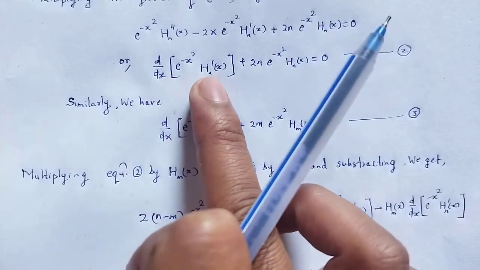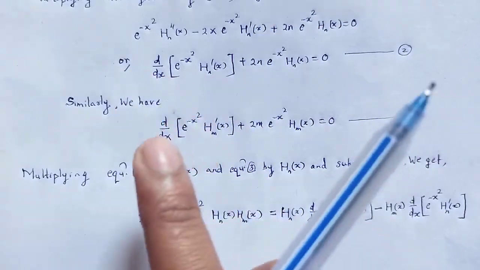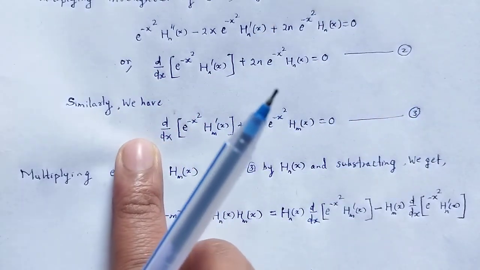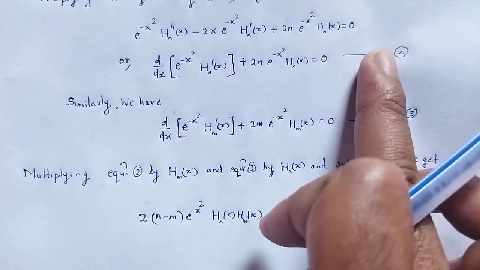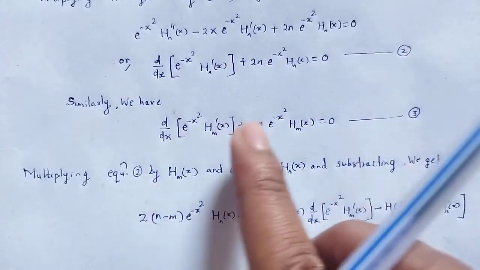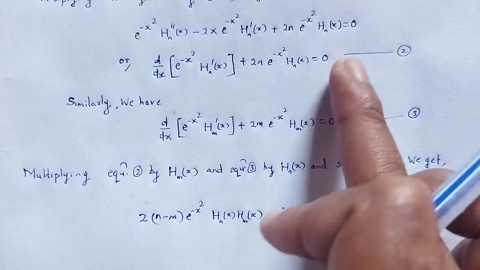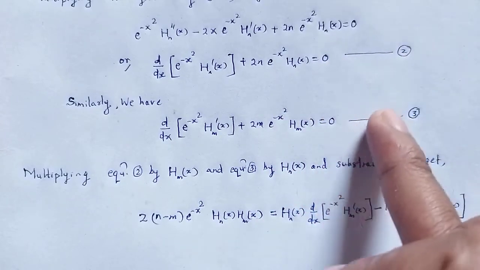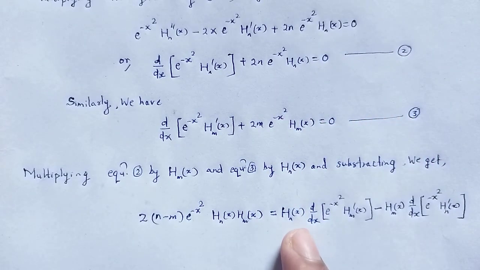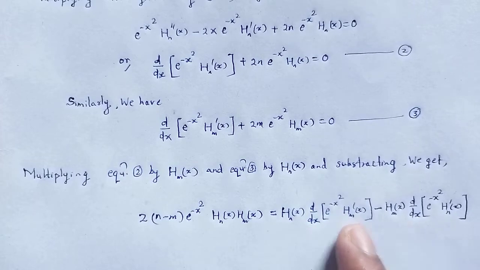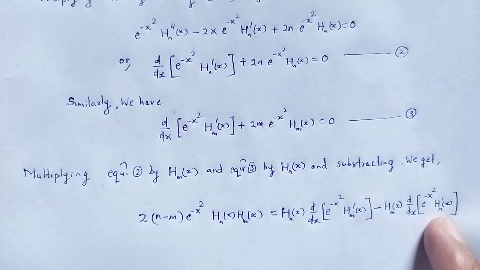This term is multiplied with m, that term is multiplied with n. This side will be negative, that side will be negative, but when multiplied from 2 to 3, that term will be positive, and this term is negative.